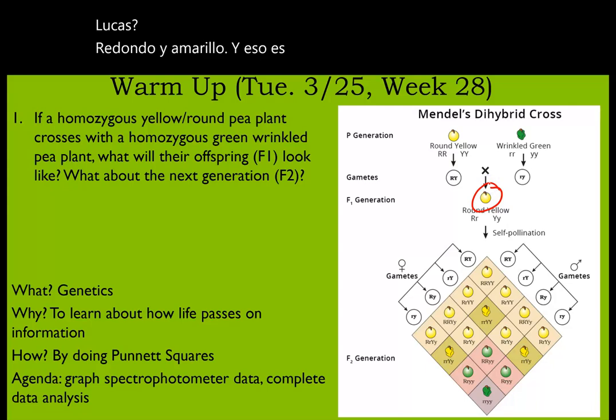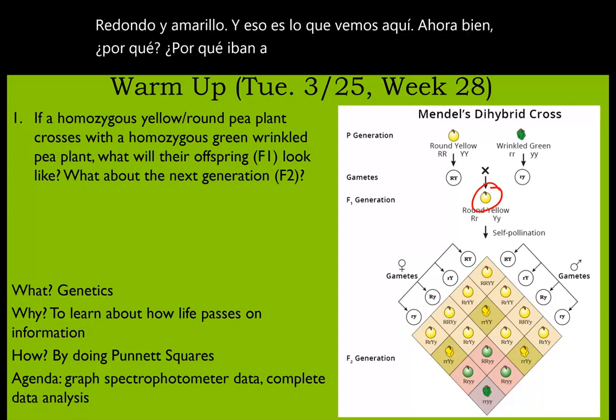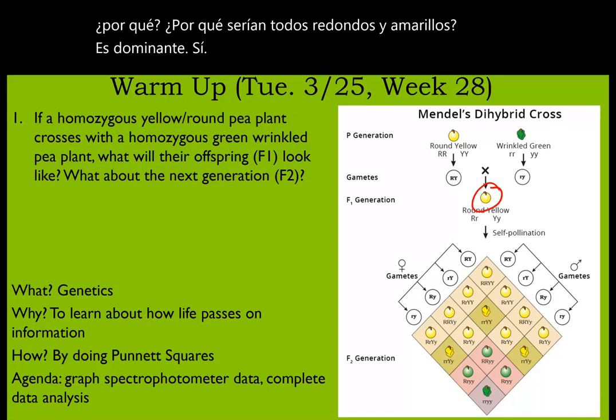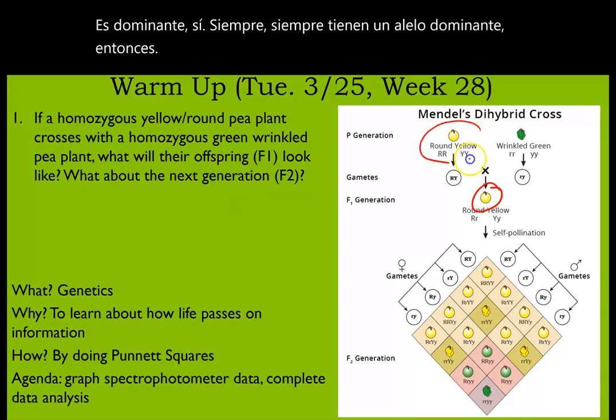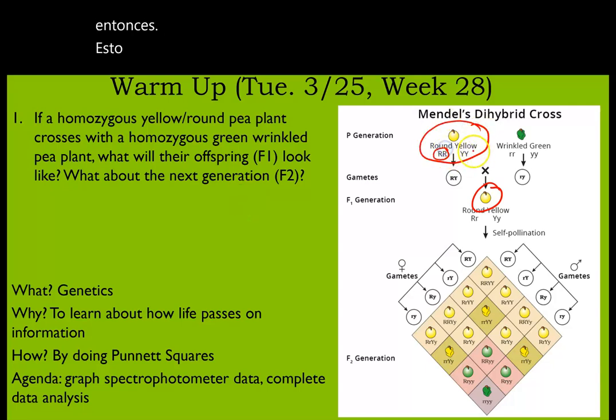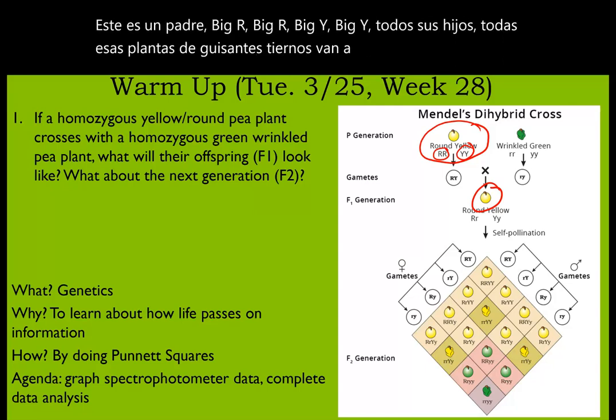Now, why is that? Why would they all be round and yellow? It's dominant. Yeah, will they always get a dominant allele? So, this is one parent, big R, big R, big Y, big Y. All their kids, all those baby pea plants are going to get a big R and a big Y, all of them.